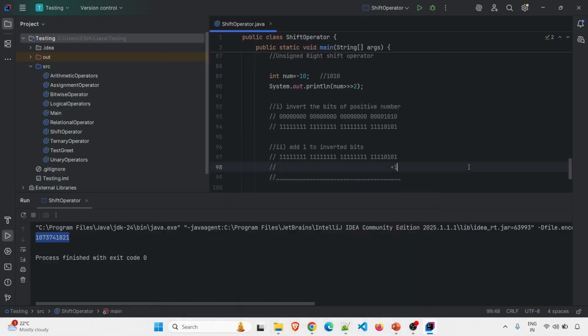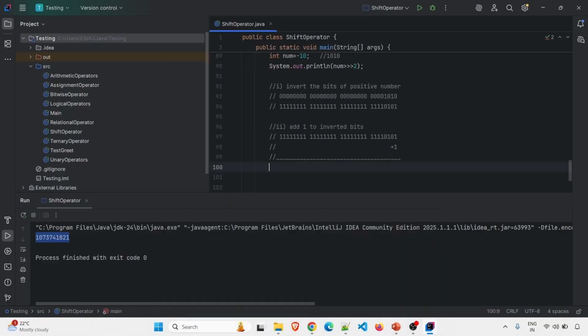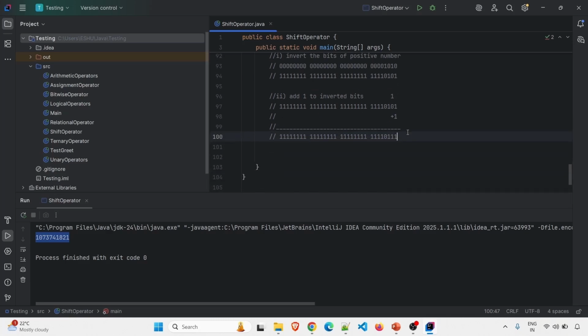What will be the output? 1 plus 1 is 10. We have seen how it comes to 10. 1 will be carried over. 1 plus 0 will be 1. And again, we will copy everything as it is. So this is the final binary representation for -10.